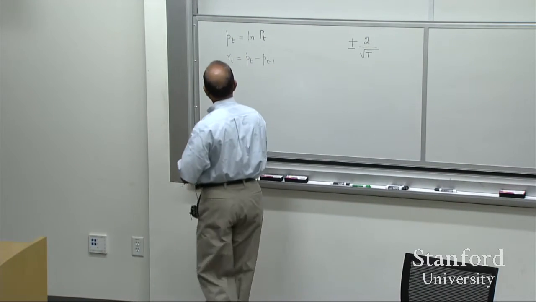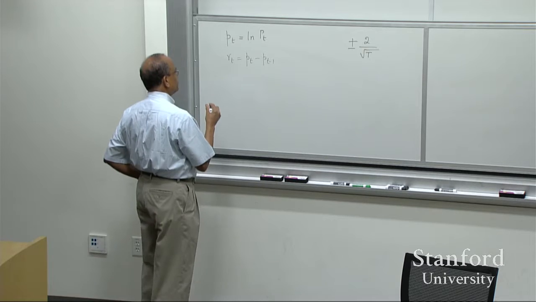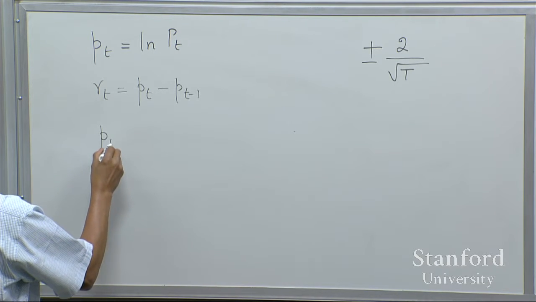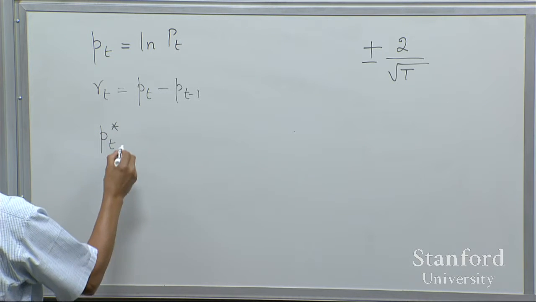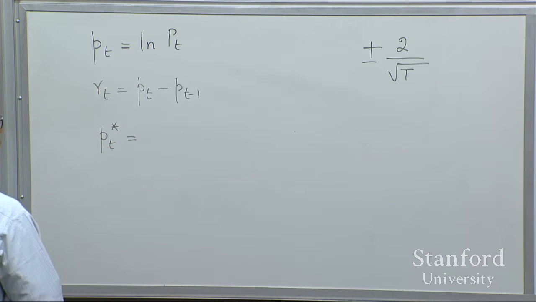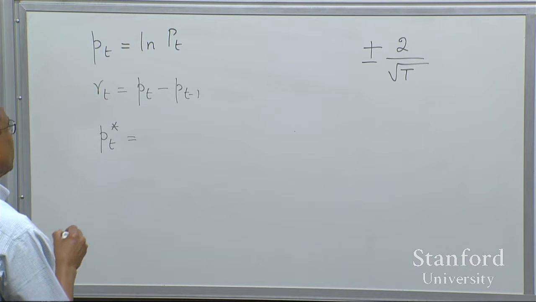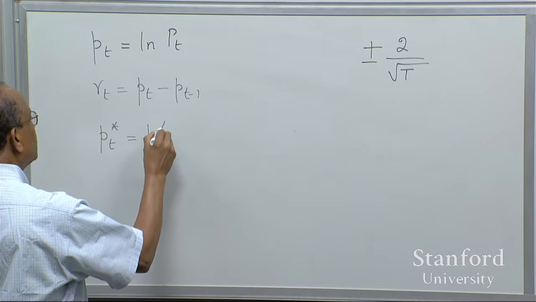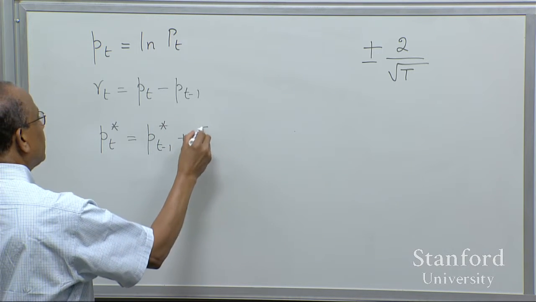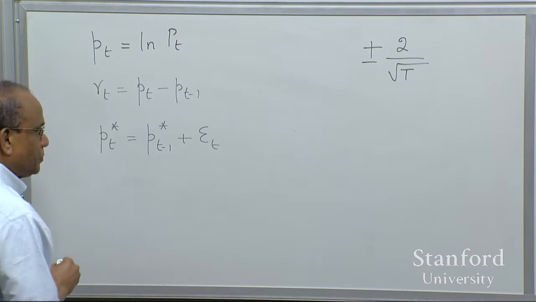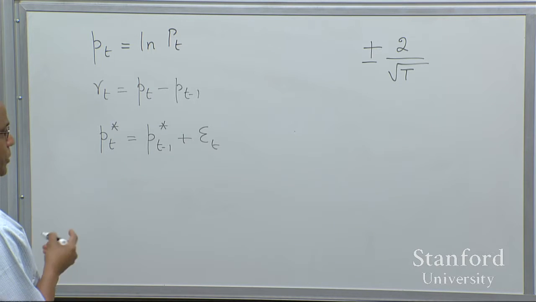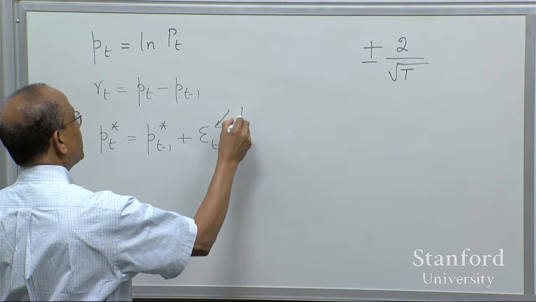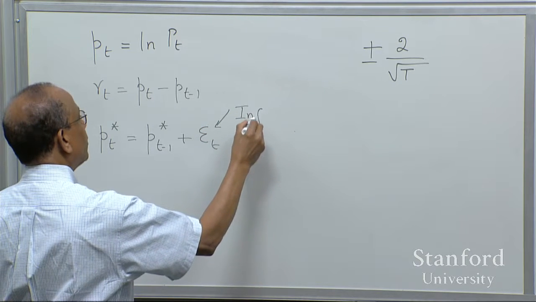Let's assume that the true price is given by this quantity here, and if the market is efficient, the true price is supposed to follow a random walk model. This is epsilon t. The prices will change only if there is new information, so this epsilon t is supposed to be information.